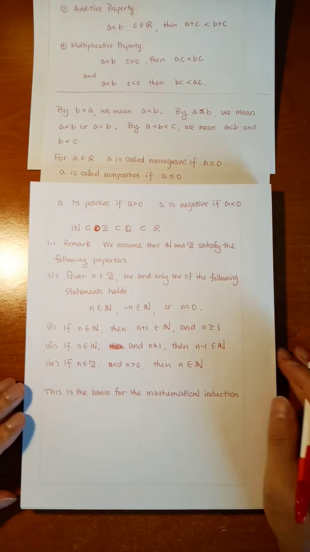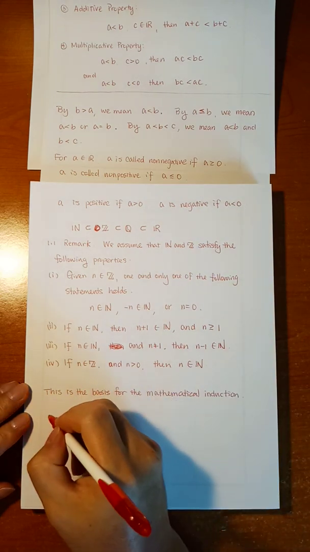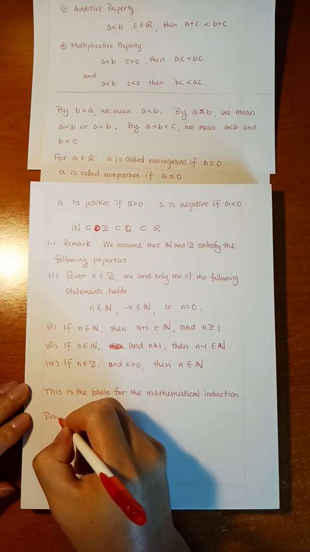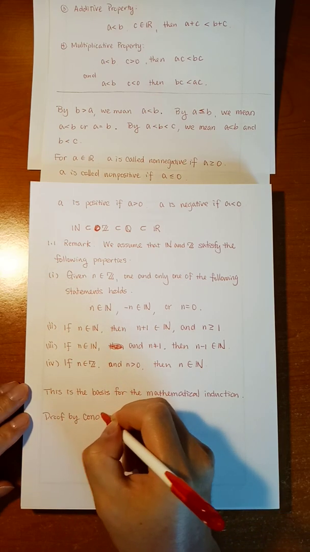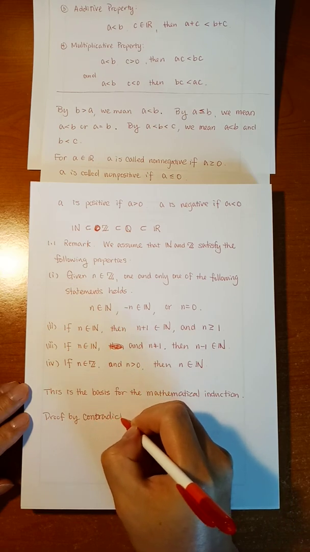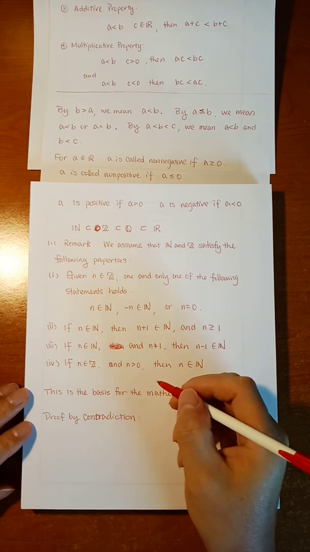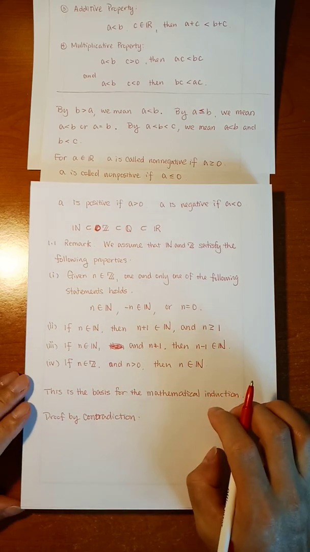Another useful proof technique is proof by contradiction, which we actually already used. Proof by contradiction means you have the conclusion, and you assume the conclusion is incorrect.